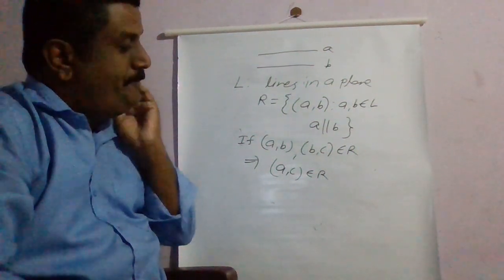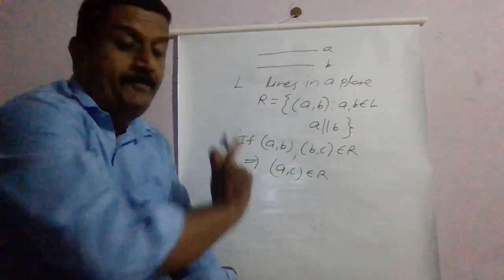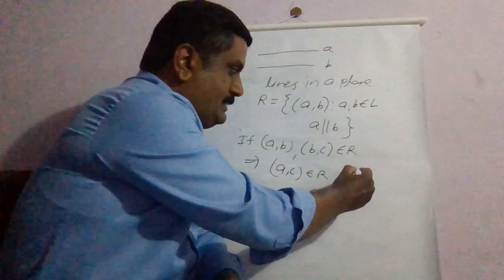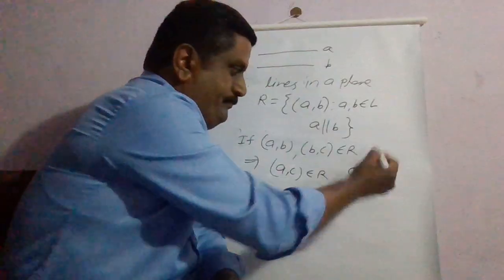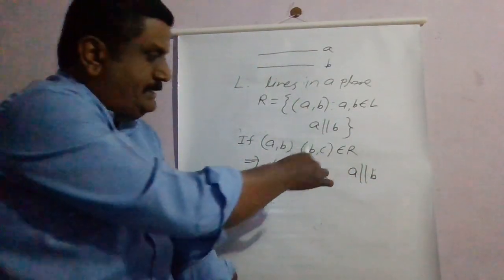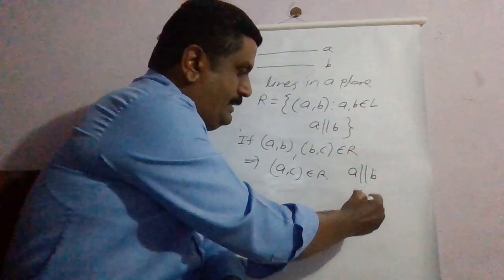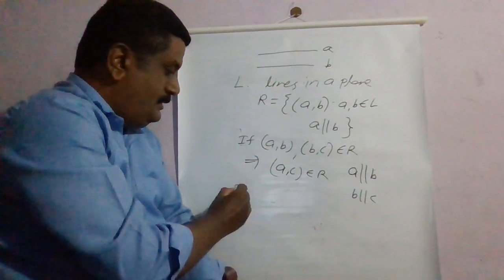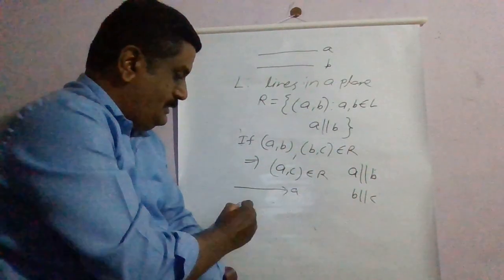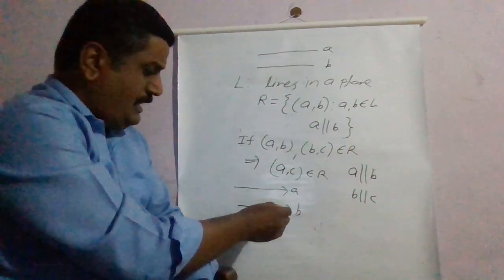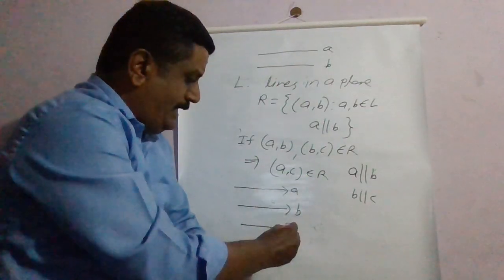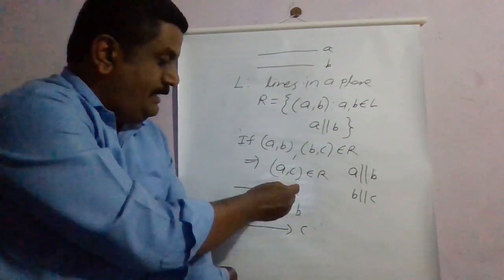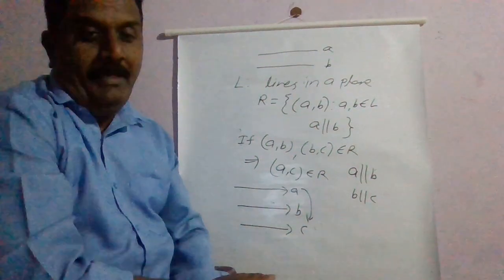That is the condition. So first you assume that AB belongs to R. If AB belongs to R, then the condition is A is parallel to B. Then BC belongs to R means B is parallel to C. So this is a line A, it is parallel to B, and this line B is parallel to another line C. Then we can say that clearly A and C are parallel.